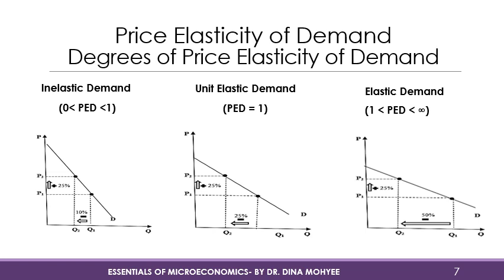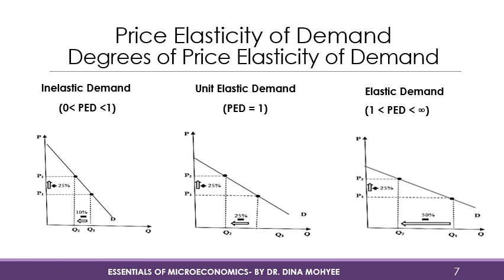This means that the change in the quantity demanded is less than the change in the price, indicating that the quantity demanded has low responsiveness to changes in the price. In this case, the value of the price elasticity of demand is less than 1 but greater than 0, because if it is 0, it will be perfectly inelastic demand.